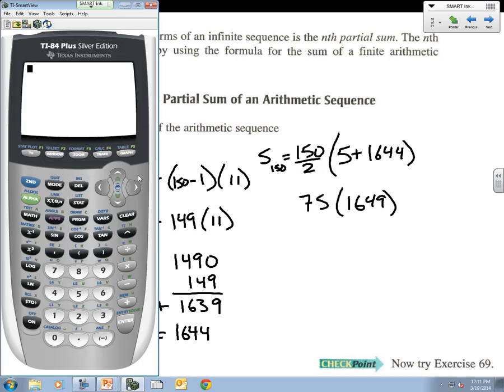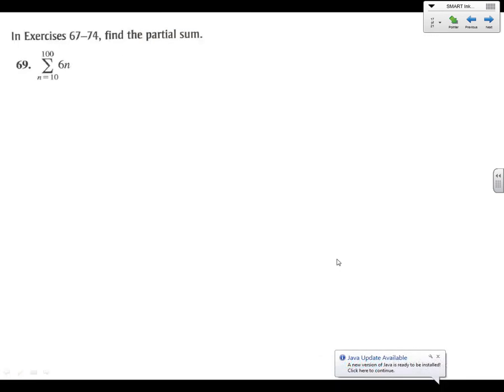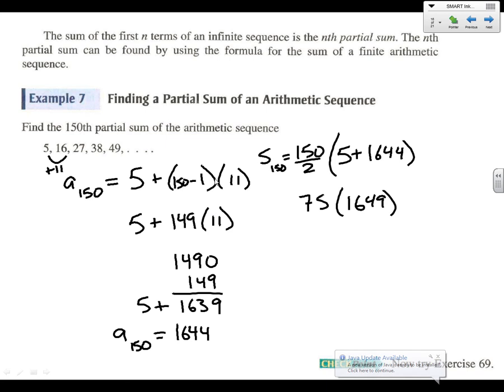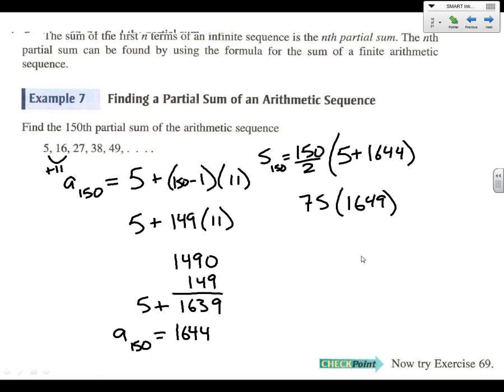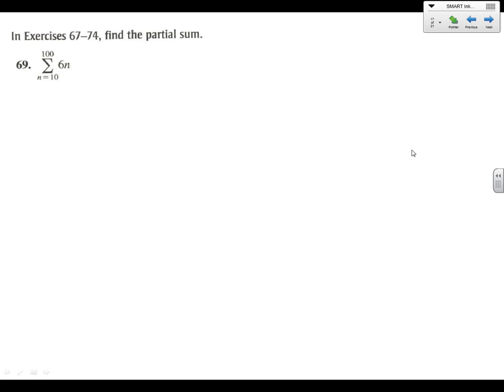Let's see what we get here. 75 times 1649 is 123,675. So you'll notice here we used both formulas. We used the a sub n formula to figure out the 150th number, and then we used the sum formula to add them all up. See if you can do the same thing here on 69.